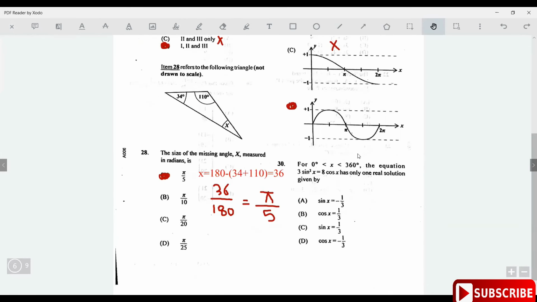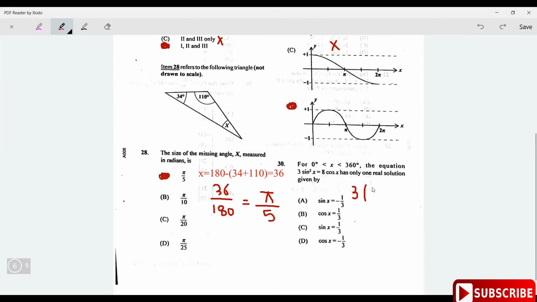Question 36, it says, you have 3 sine square x equals 8 cos x, which has only one real solution given by. First thing you can do is rewrite sine square as 1 minus cos square. So 3 times 1 minus cos square x, that's sine square, equals 8 cos x. Then you bring everything to one side.